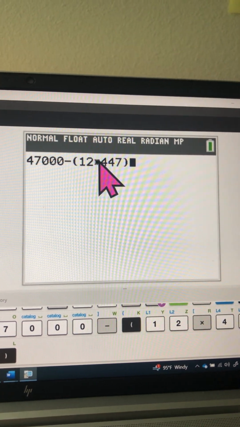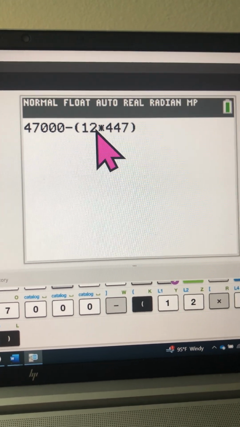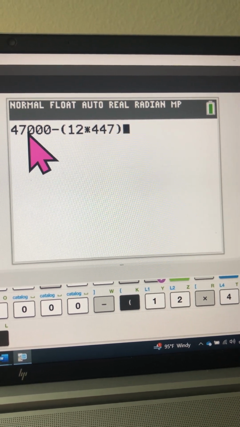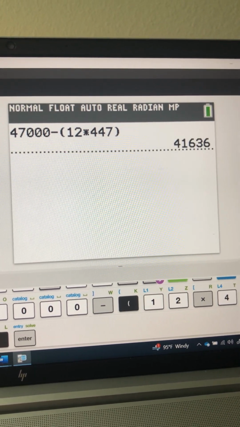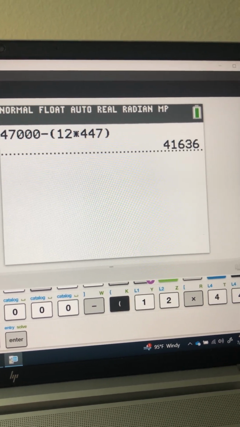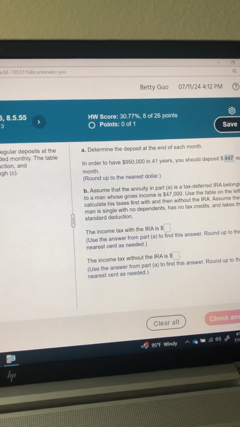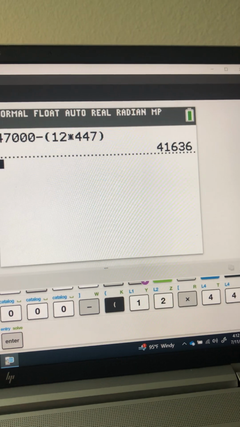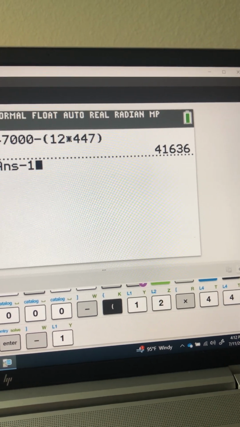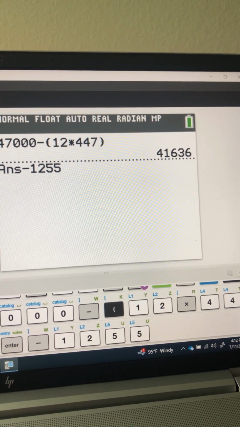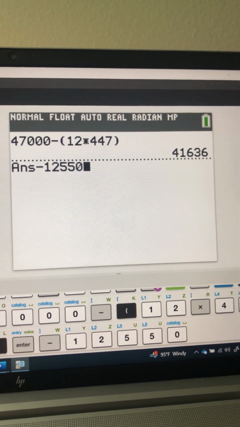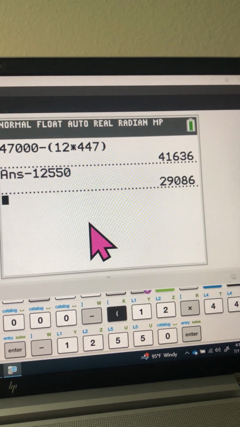So this, in the parentheses, is the adjustment for the year, right? Subtract this adjustment from the gross income, and we have the AGI. That's the AGI. And the standard deduction, minus 12,550, and then we would have the taxable income, right?